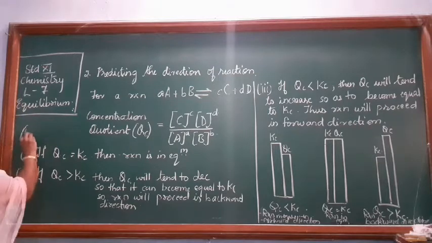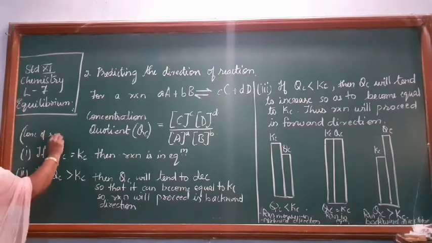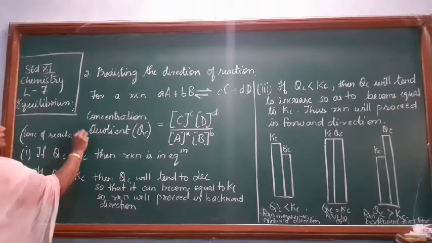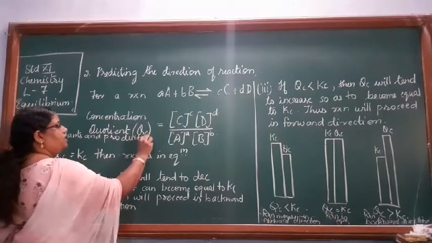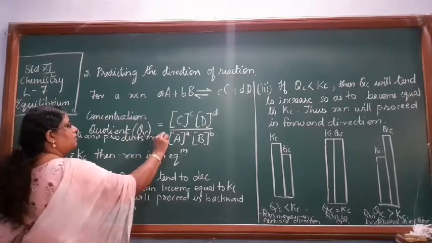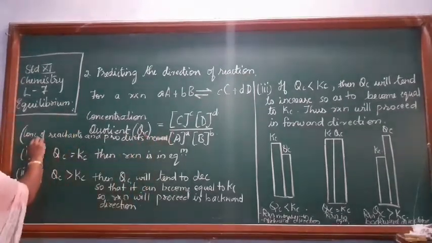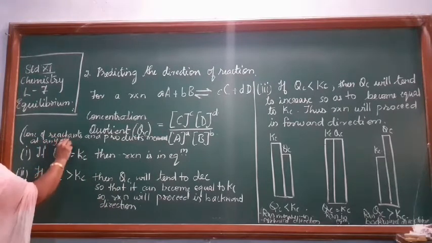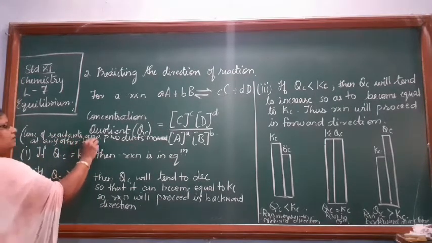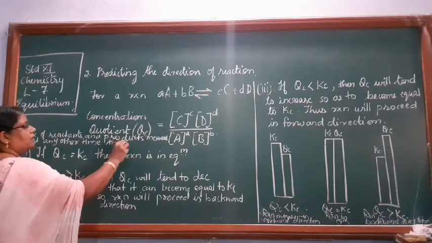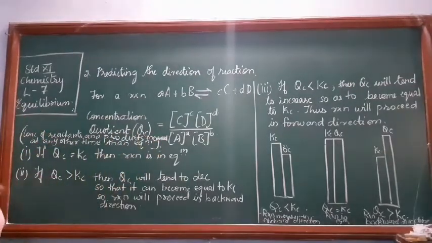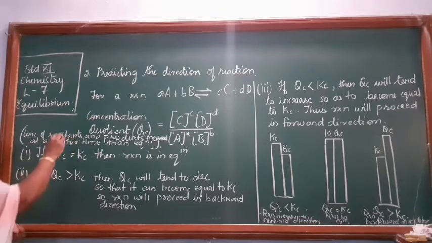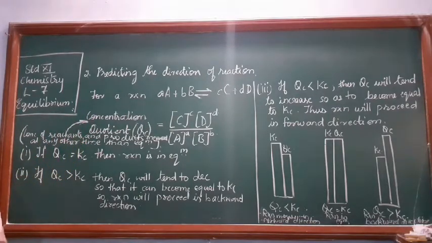Okay, so you can write here: concentration of reactants and products measured at any other time than equilibrium. Equilibrium में state में नहीं measure किया है, at any other time. That is what is called the concentration quotient.